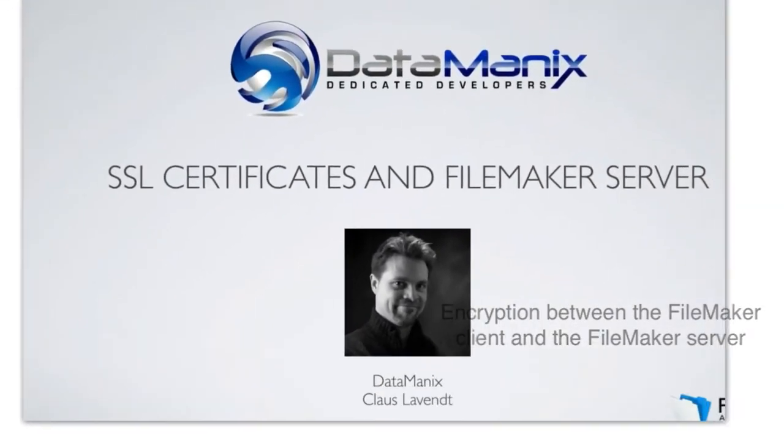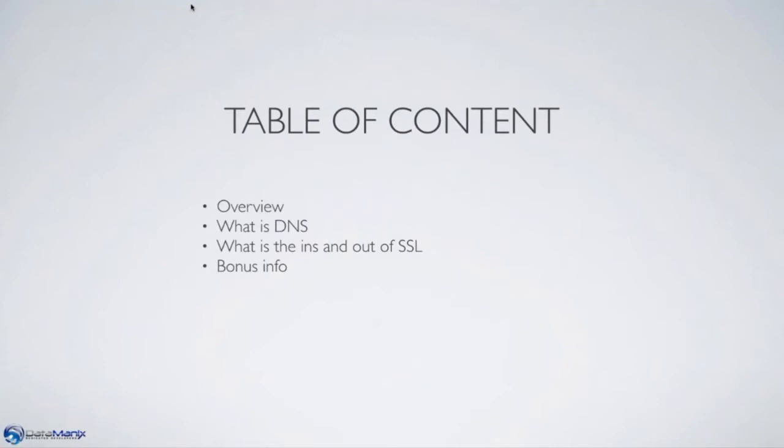Well, that's great. So what we are going to cover now is just an overview of what's new with FileMaker Server 15 in regards to SSL. Then we are talking about DNS, what it is, and we are going to explain that part more in depth, especially for beginners.